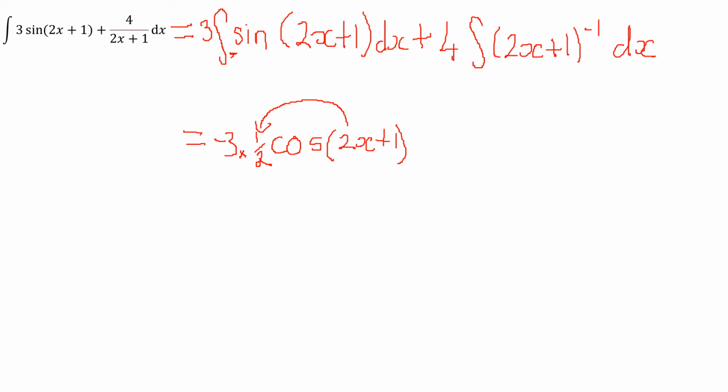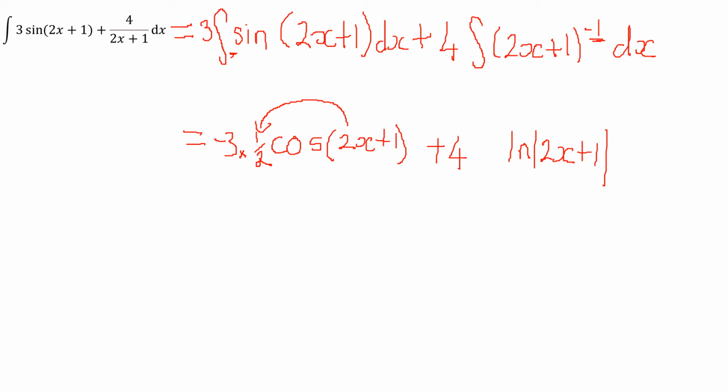Now, on the other bit, you've got the 4, and because this bracket here is to the power of minus 1, that means that we're going to get a log that comes out. So you're going to get log 2x plus 1.